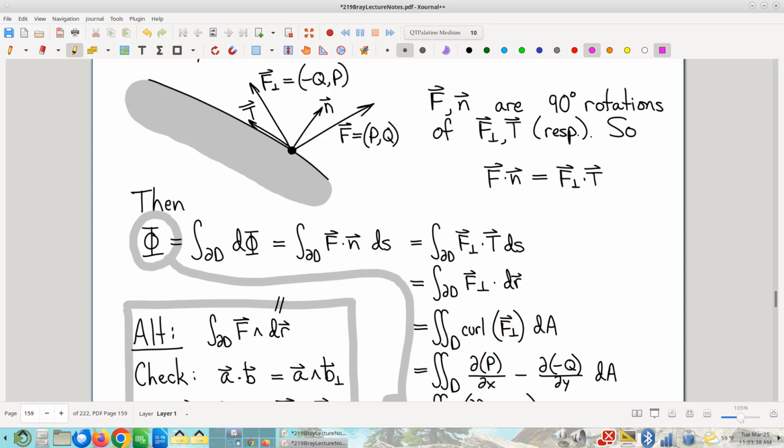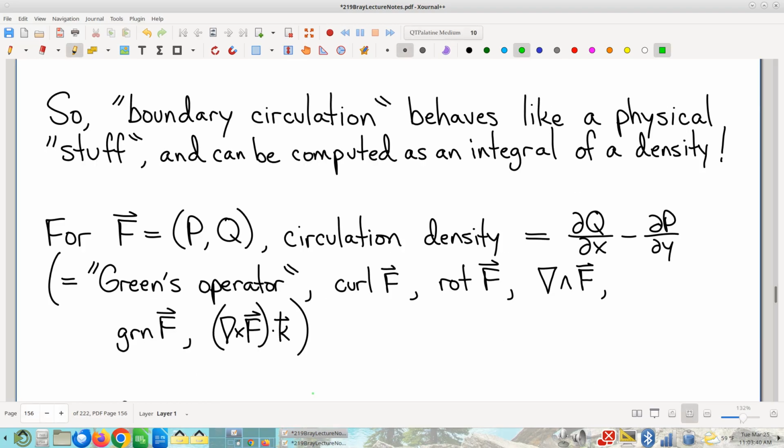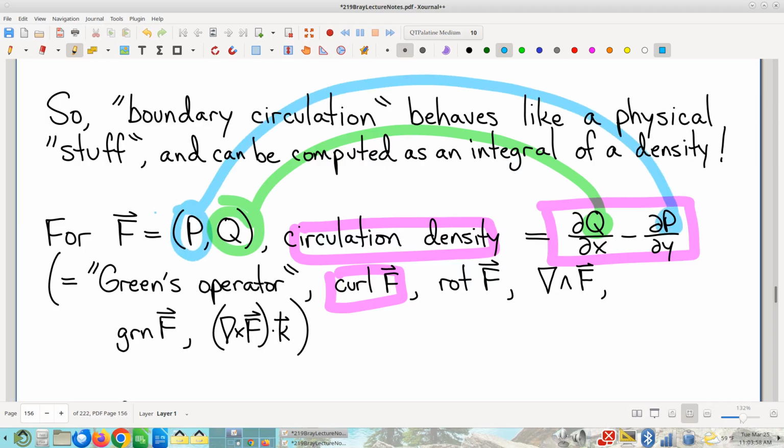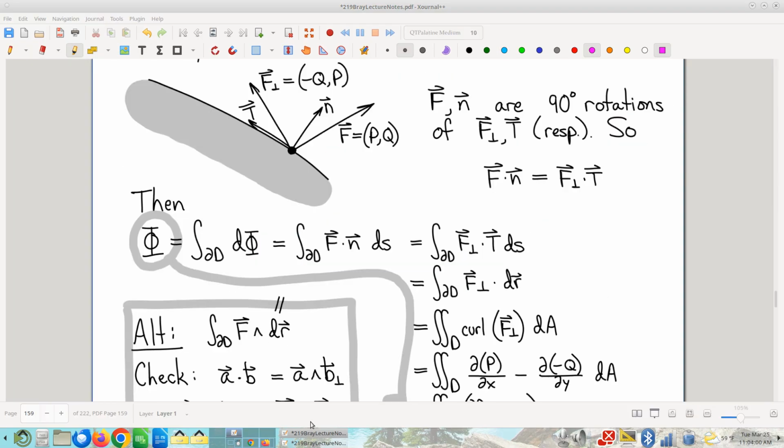So you'll recall when I first wrote down the formula for curl, here it is, right? Curl, aka circulation density, this thing, right? I emphasized that it's the x partial of the second field coordinate minus the y partial of the first field coordinate. And in this example here, we are looking at f perp, right?